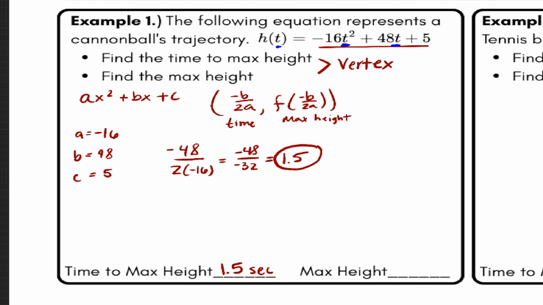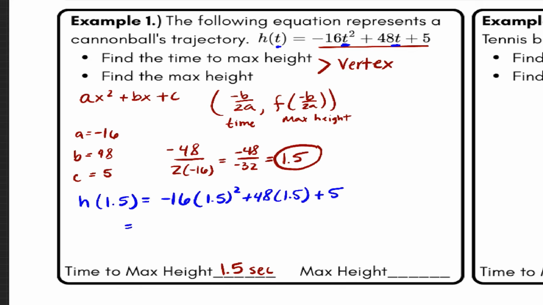That would give me my height at that time. So it's going to be h of 1.5, the time we're looking for, equals negative 16 times 1.5 squared plus 48 times 1.5 plus 5.